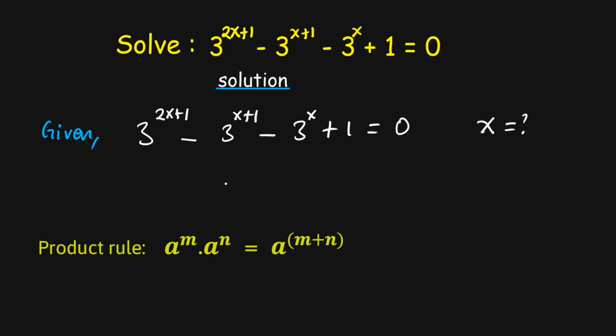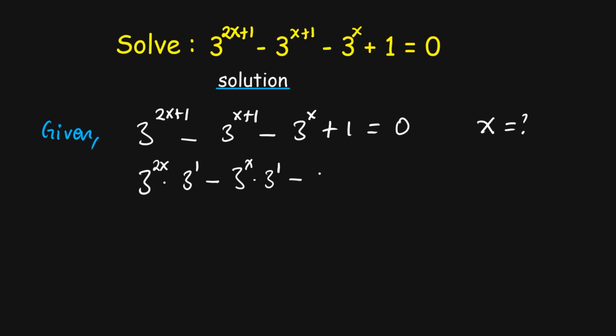On applying the reverse product rule of indices, this equation becomes 3^(2x) times 3^1 minus 3^x times 3^1 minus 3^x plus 1 equals 0.